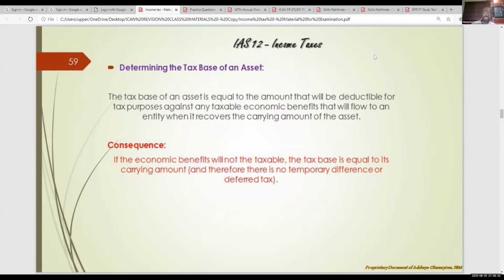Even though we have determined some tax bases, those ones are easy to determine because they are on PPE. But what if you want to determine tax base on inventory, on receivable, on payable, on accrual? How do you determine that? We are going to look at the definition of tax base for an asset and also for liabilities with some examples.